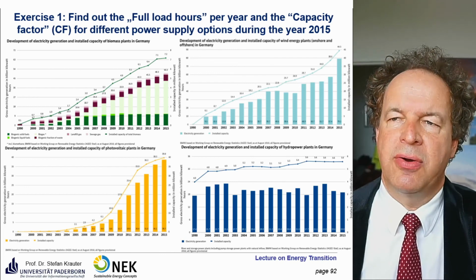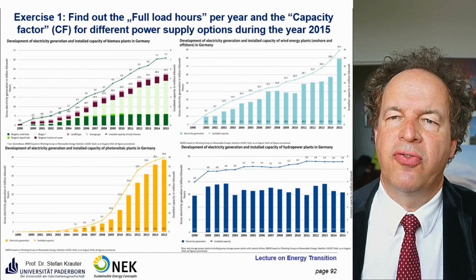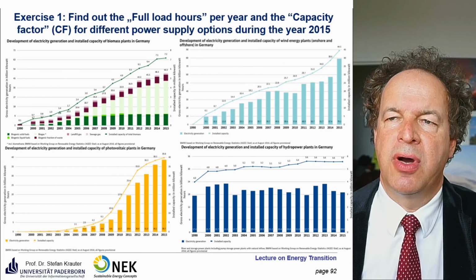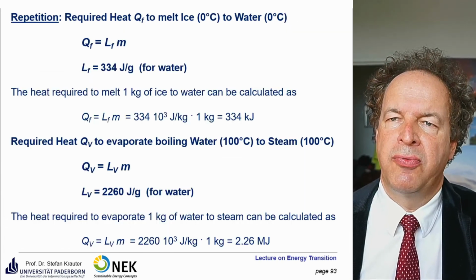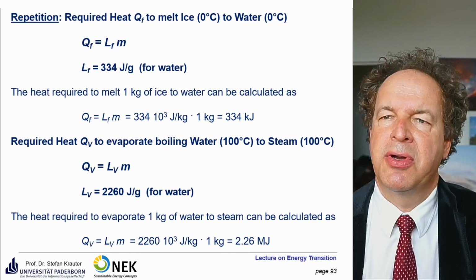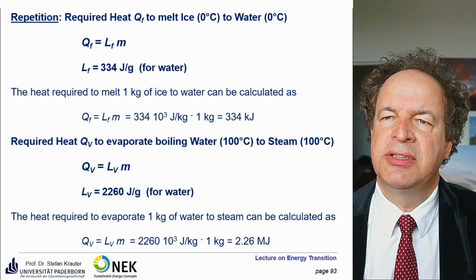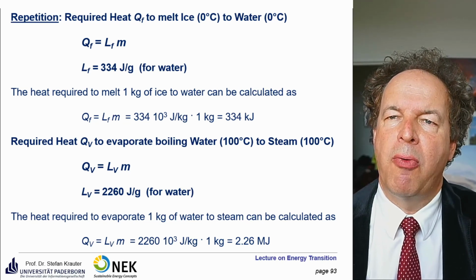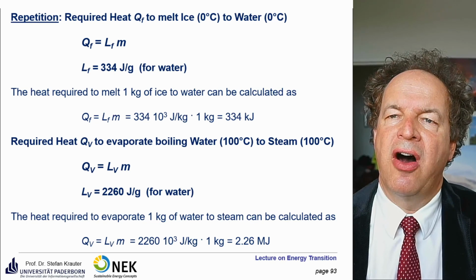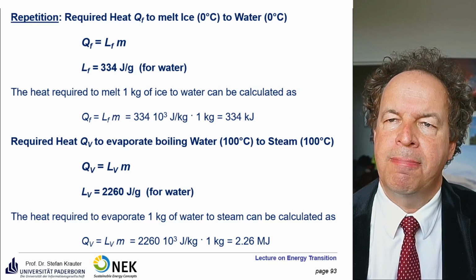Yes, and we also have a second exercise as homework for you. First, I do a repetition so you can carry it out on your own. We discussed the heat required if you want to melt ice to water, both at 0 degrees: you will require 334 joule per gram.